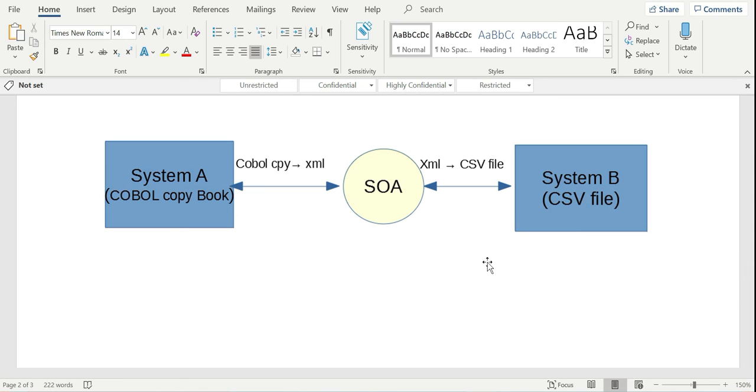Suppose it supports a flat file kind of structure. In case of SOA, it becomes very easy because the same data that SOA is fetching from system A in the XML format will be converted into the flat file structure for system C and delivered to that particular target system without bothering system A and system B.